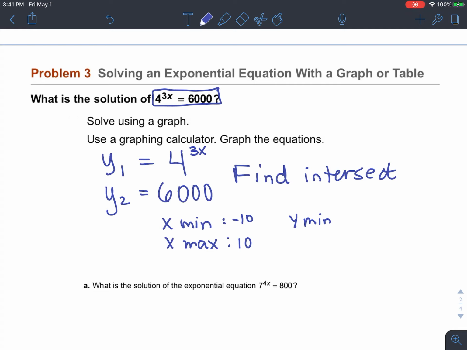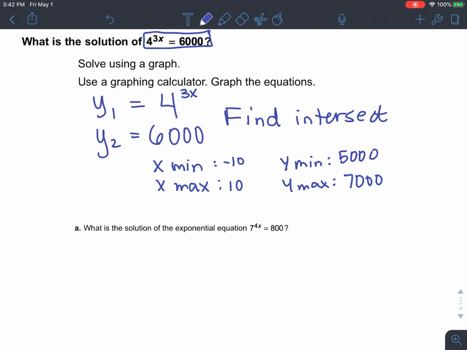For y max, we have to get at least to 6,000, so maybe 7,000. And for the y minimum, you don't even have to put 0. You could put like 5,000. It just has to be on either side of that 6,000.